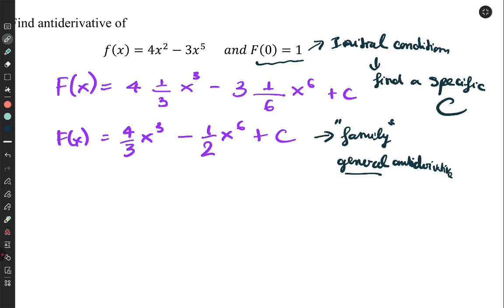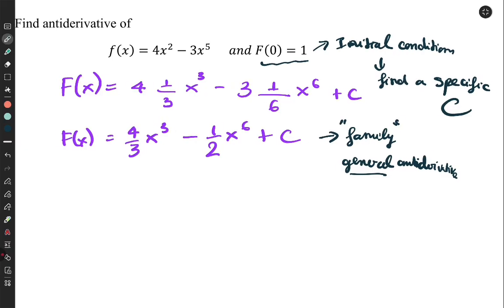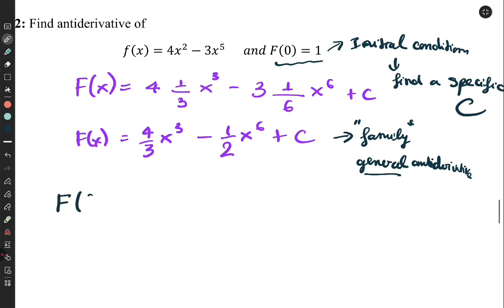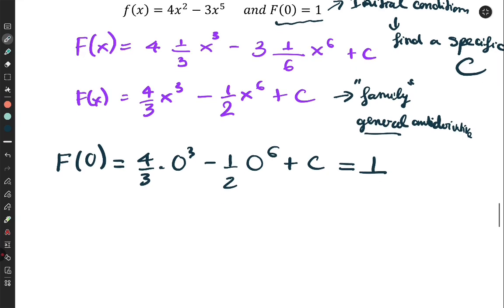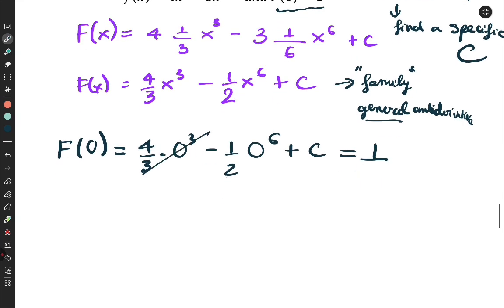Let that equal 1. So F of 0 equals 4 over 3 times 0 cubed minus 1 over 2 times 0 to the 6 plus c equals 1. There you go. So that cancels. c equals 1.